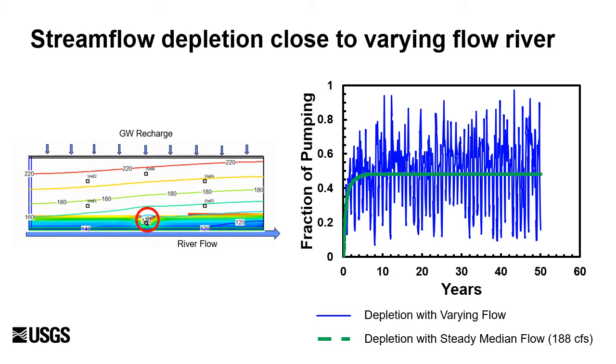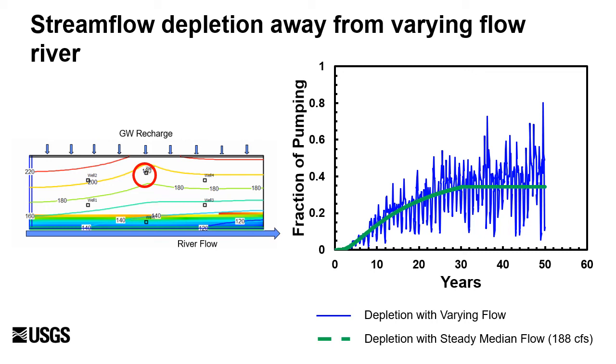And what we see for this particular site, being right next to the river, is that it becomes depletion dominated rapidly, within just a few years getting up to almost 50% of the source of the water to this well coming from the river. But what we also see is that this large variation in depletion is dependent on the magnitude of the change in the flow, but it generally centers around the median flow depletion curve.